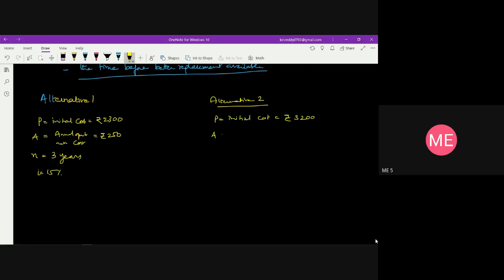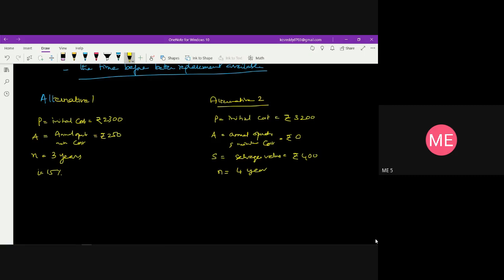There is no annual operating and maintenance cost here; we have only the salvage value at the end of the service, which is rupees 400, and N is 4 years.